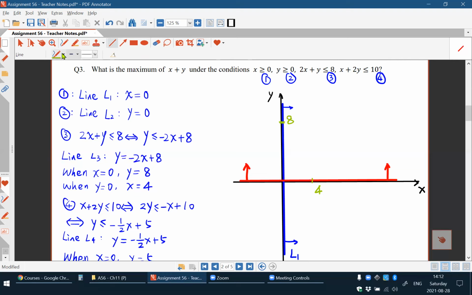The third line crosses these 2 points here. This is our third line, L3, right? And the inequality states that y should be less than or equal to, which corresponds to a region below this line.